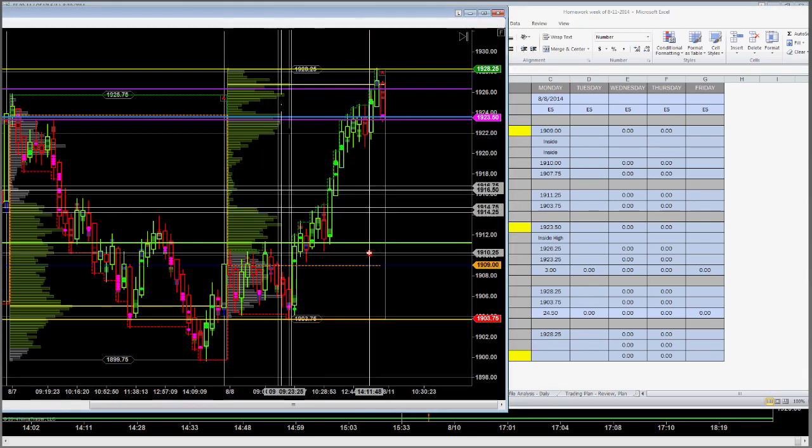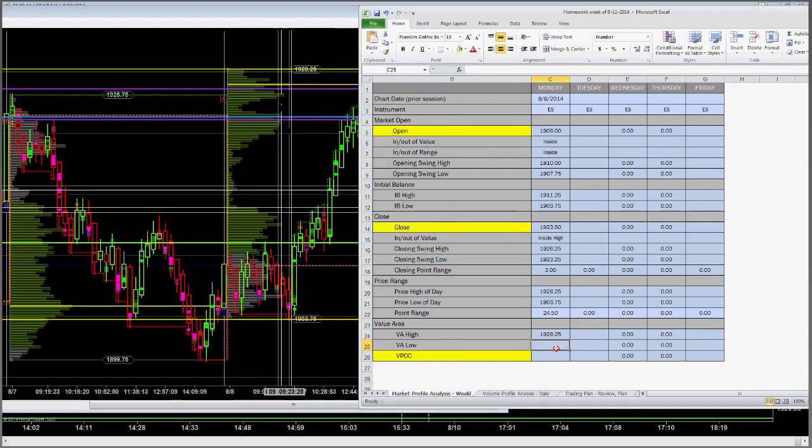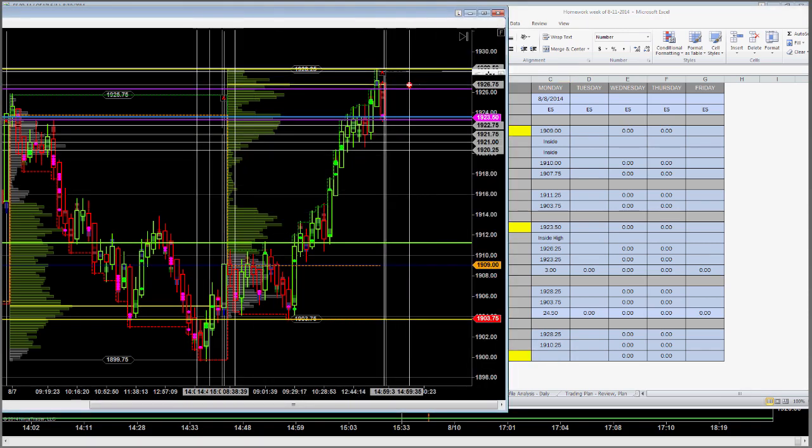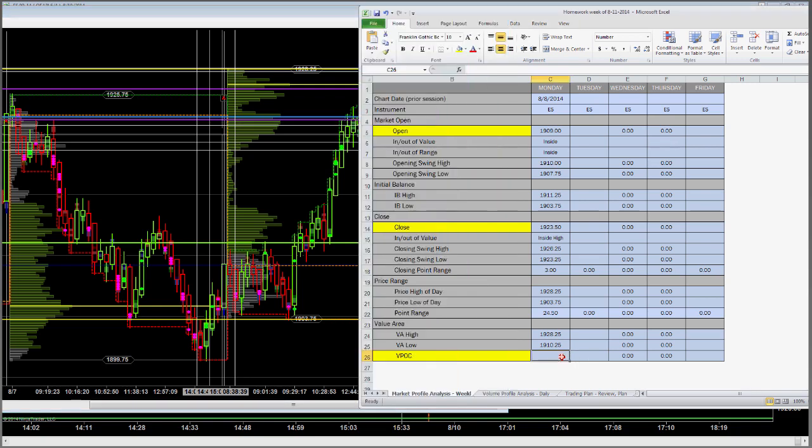Low of value is 10.25. And VPOC, otherwise known as VPOC, 1926.75. So just looking at these numbers, if you didn't even give me a chart and I just looked at these numbers, I would be able to give you a story for Friday.